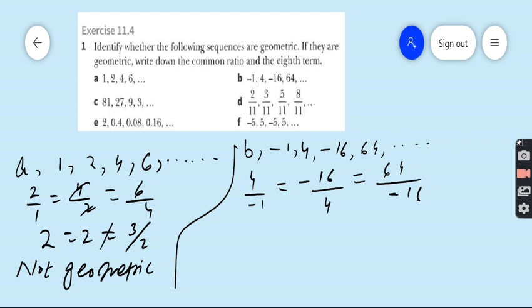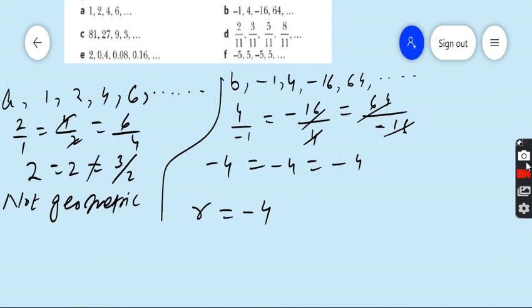Check: 4 upon minus 1 is minus 4. Minus 16 upon 4 is minus 4. 64 upon minus 16 is minus 4. Yes, it is a geometric sequence having ratio minus 4. Now according to the question, if they are geometric, write down the common ratio, which is minus 4, and the 8th term. We have to find the 8th term.